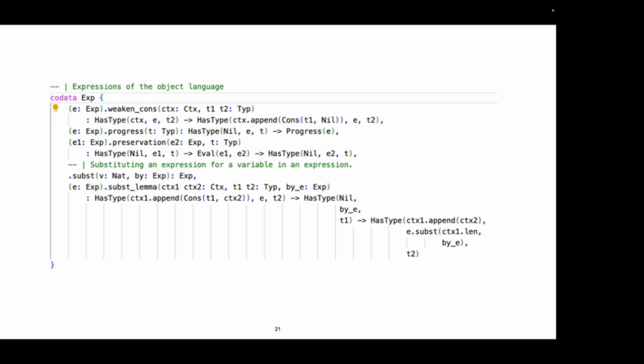Here, expressions are defined by all the methods that we've proven by induction or recursion over the original constructors of the data type. For example, you can see that progress and preservation were defined by pattern matching on all the constructors of expressions, and you also see that we had to prove the substitution lemma, also by pattern matching on all possible constructors of the expression data type.